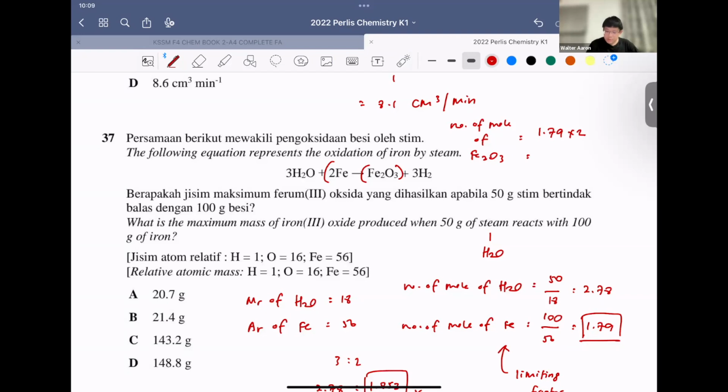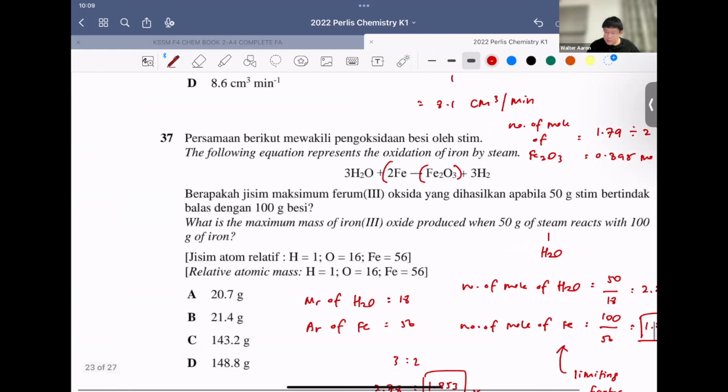No, sorry, divide by half. Divide by 2, not times. 1.79 divided by 2. So the answer is supposed to be 0.895.